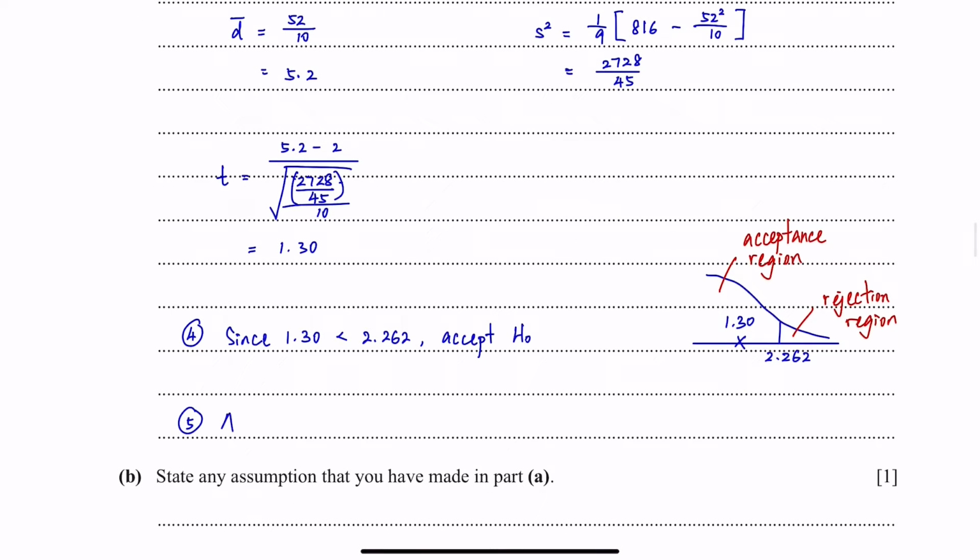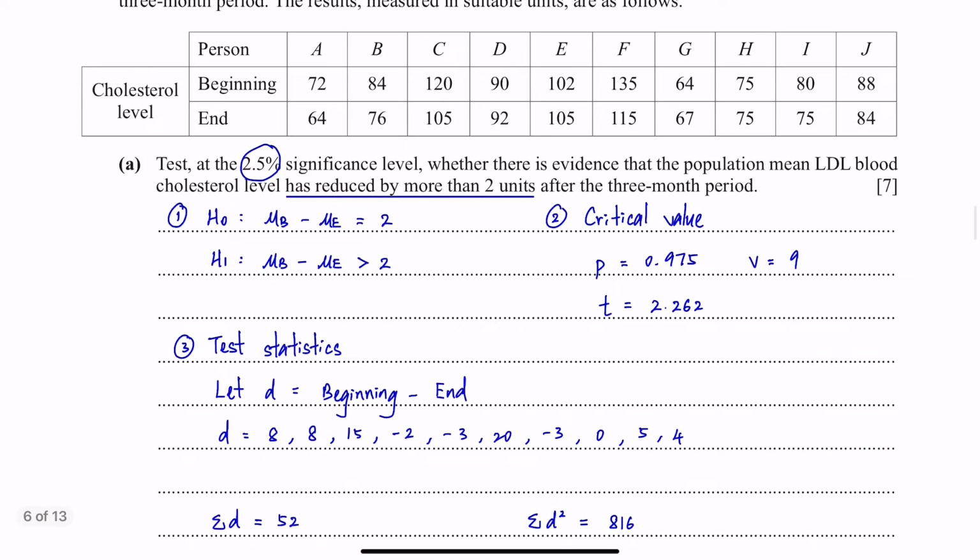So at 2.5% significance level, there is insufficient evidence that the population mean LDL blood cholesterol level has reduced by more than 2 units.